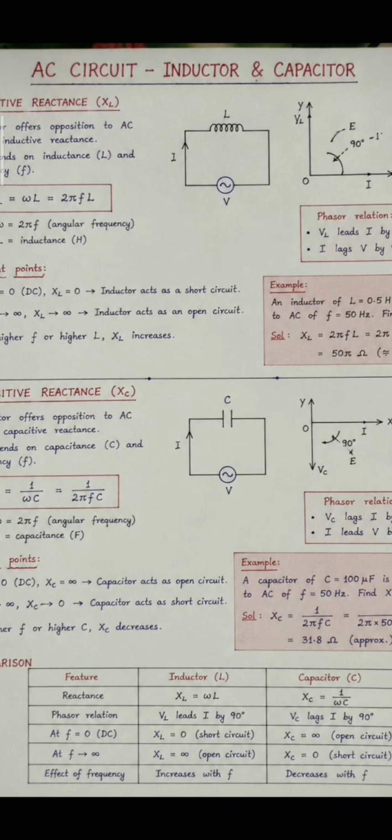As f is equal to 0, XL is equal to 0 and XC is infinity. XL equal to 0 means short circuit, XC equal to infinity means open circuit. At f equal to infinity, XL is equal to infinity and XC is equal to 0. Effect of frequency: reactance increases with f in an inductor and decreases with f in a capacitor.